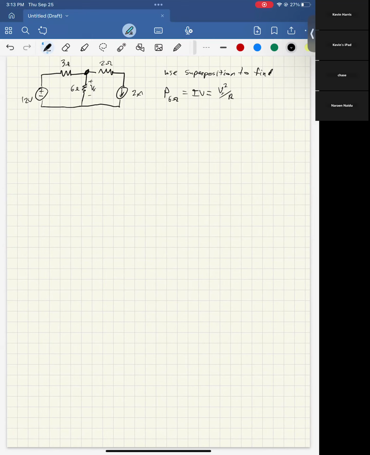So if we're using superposition, there are going to be two different versions of the circuit we have to solve. We have our first one with the voltage source and the current source open because it has no current. And then we have the one with the current source, but the voltage source shorted because there is a 0 volt difference between its two terminals.